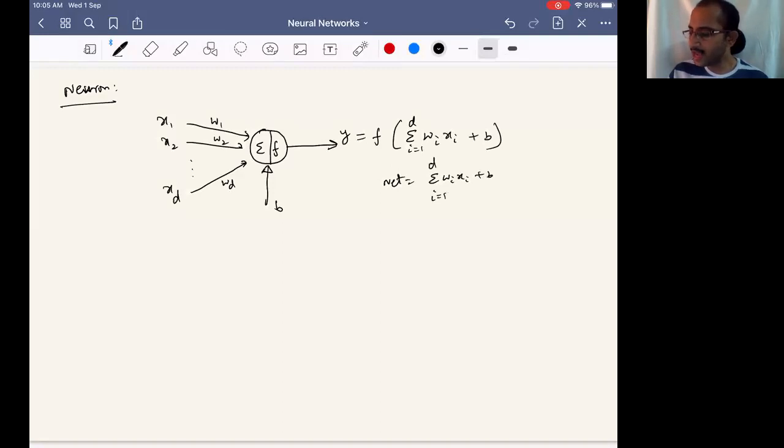Can we rewrite this in a simpler form in terms of vectors? If we consider x as an input vector, what are these x1 to xd? Features, or attributes. Of what?